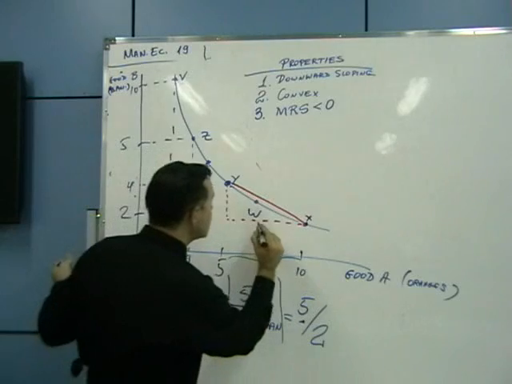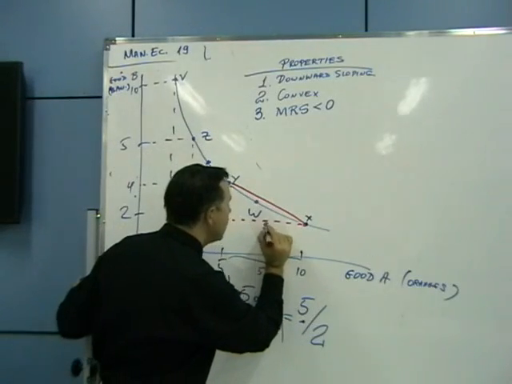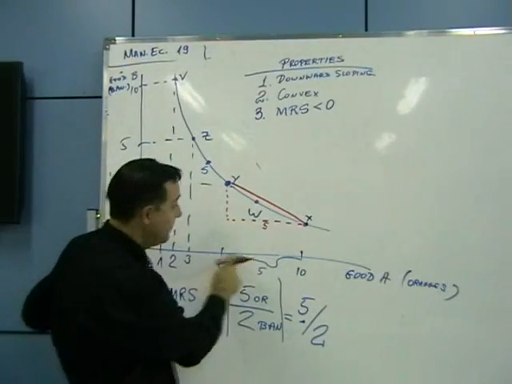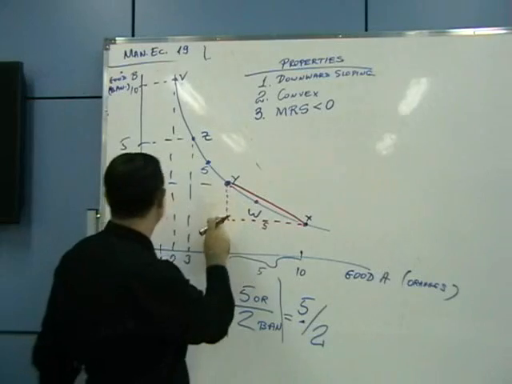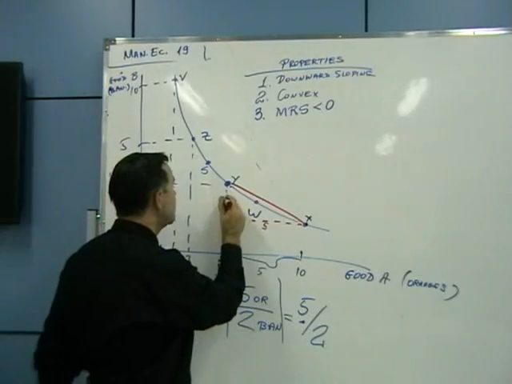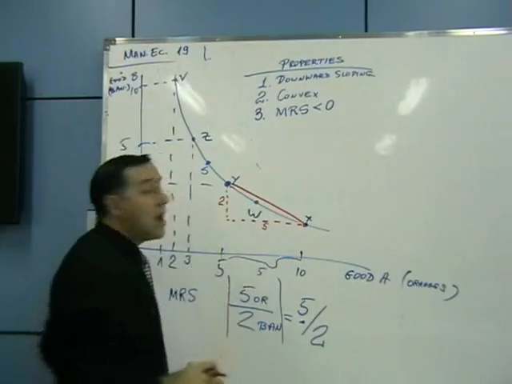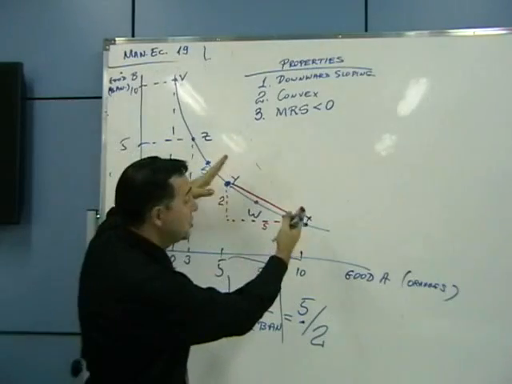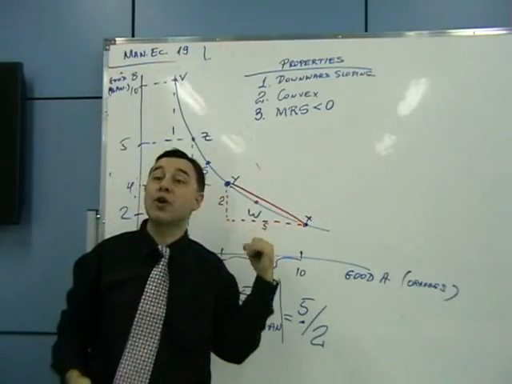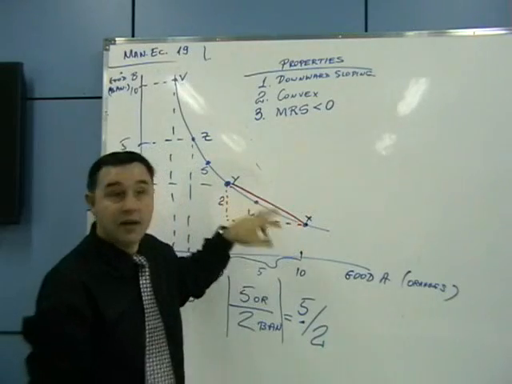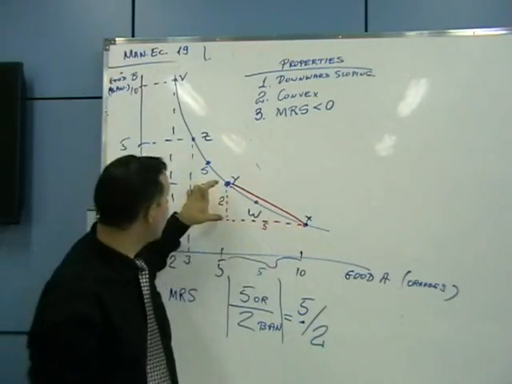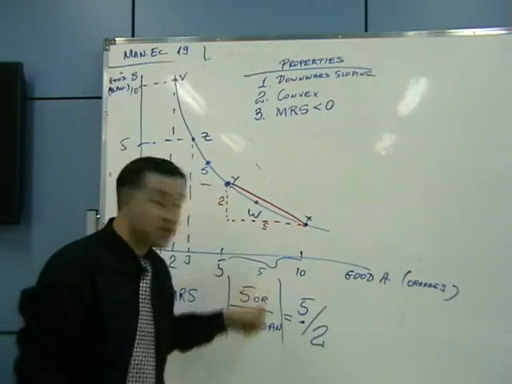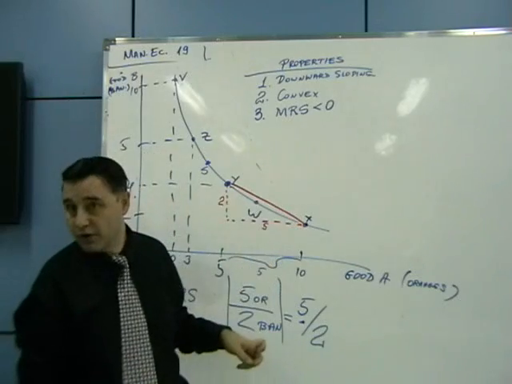The marginal rate of substitution was this side over here, which is 5 units, from 10 to 5, or from 5 to 10, right? And this side is from 2 to 4, which is 2 units. So, marginal rate of substitution can be computed for a particular distance. If you remember back, we were calling it an arc, right? And this is an example of computing it over an arc, 2 divided by 5, or 5 divided by 2, depending whether it's oranges over bananas or bananas over oranges, right?